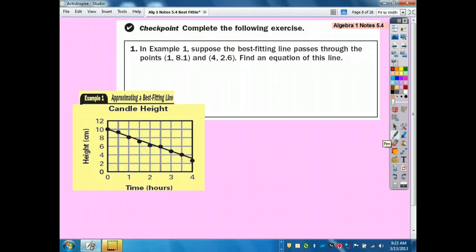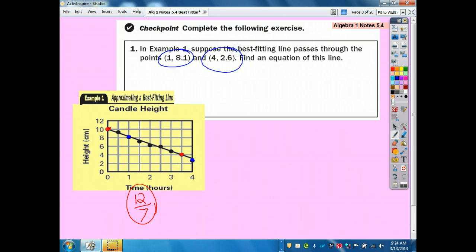Now, in example 1, suppose we used 0 and 10, we used this one before, and we used this one. And we got a slope of 12 over 7. That was with those 2 points. Now let's say your neighbor picked these 2 points, 1 and 8.1, and 4 and 2.6.